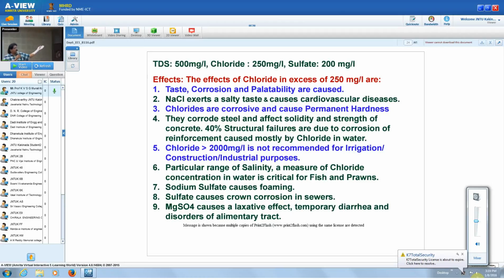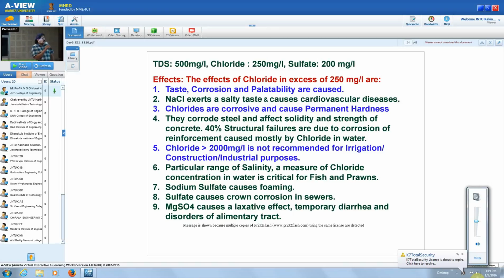Fifth point, if chloride is more than 2000 mg per liter, water is unfit for irrigation, gardening, construction, and most industrial purposes. If chloride value is 10 mg per liter, it is not suitable even for boiler purposes.